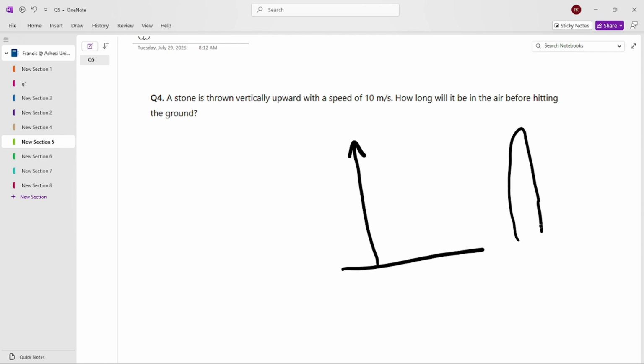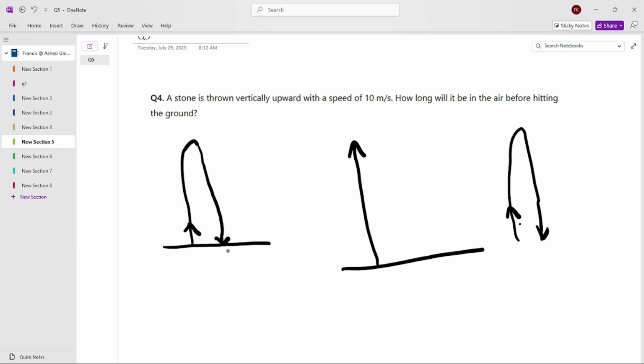The time that you spend going up is the same time you spend coming down, if the body falls at the same level on the ground. Listen very well: if the body falls at the same level on the ground.